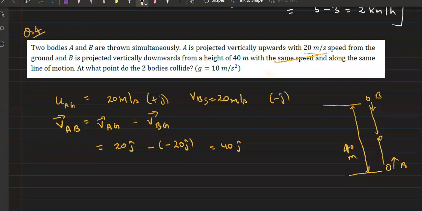Now just think about this. What is happening over here? This distance is when they collide. The distance covered would be what? 40 meter? Yes or no? When they collide, the net distance traveled by both A and B will be 40 meter.